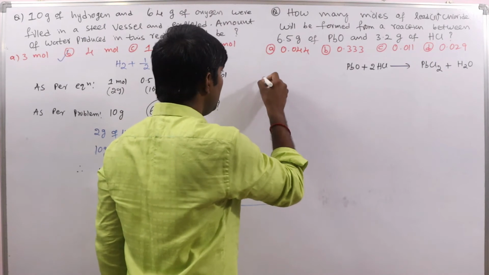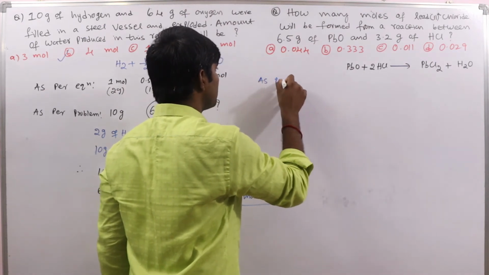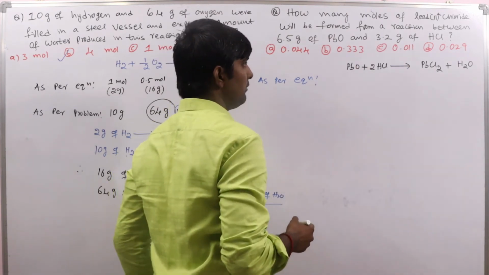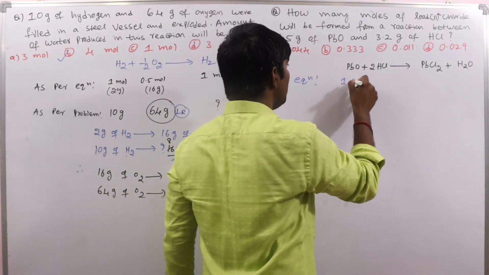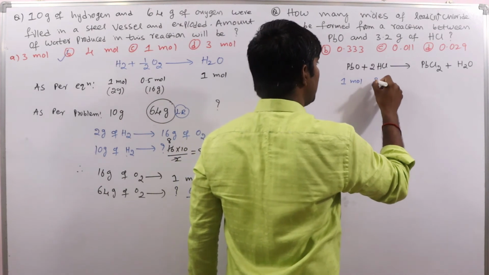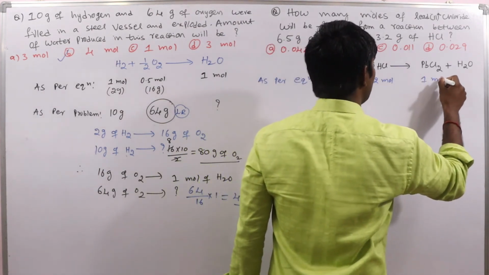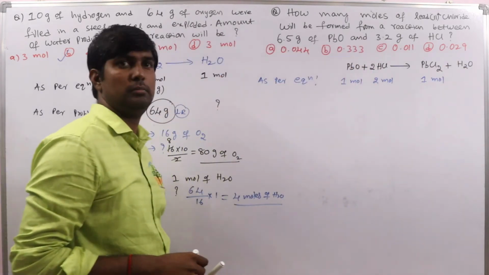Now, as per this equation, what is happening? 1 mole of lead oxide reacts with 2 moles of HCl to form 1 mole of PbCl2. Yes or no?